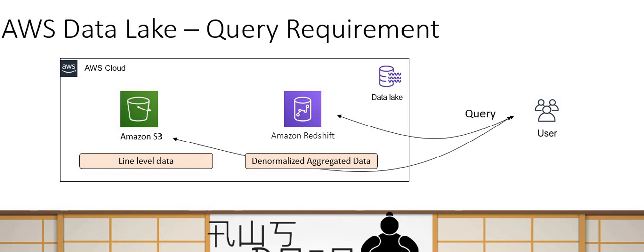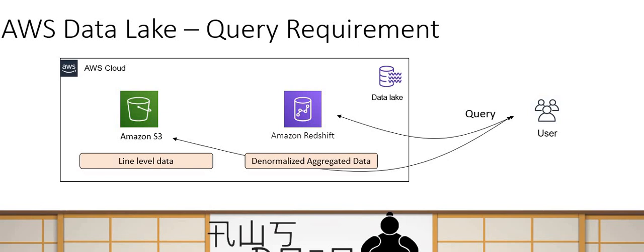It could be a scenario where I am creating a report where I first get a denormalized aggregated report from Redshift, but if some user wants to drill down on any of the aggregated lines to see the line level data and get some details, in that case you have to dig data from S3 as well.